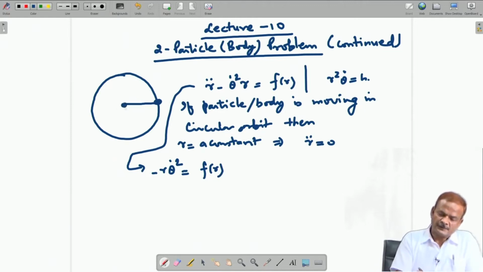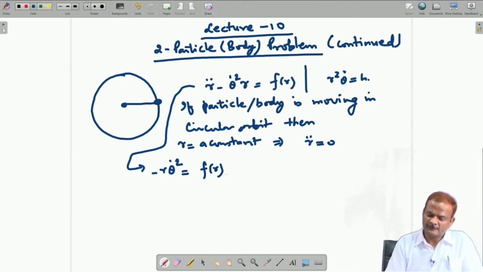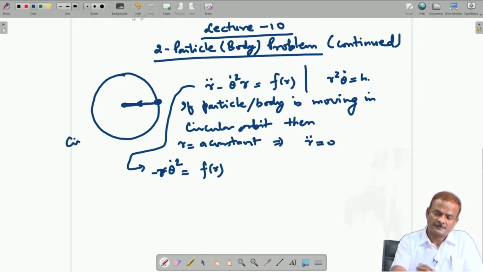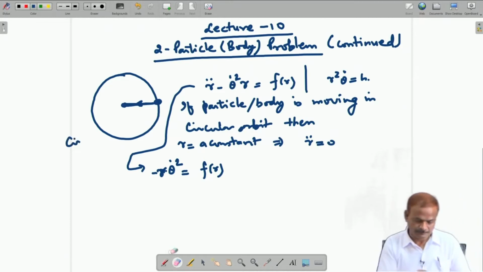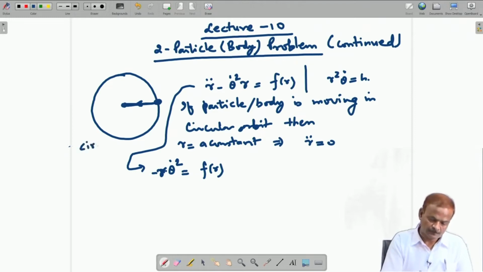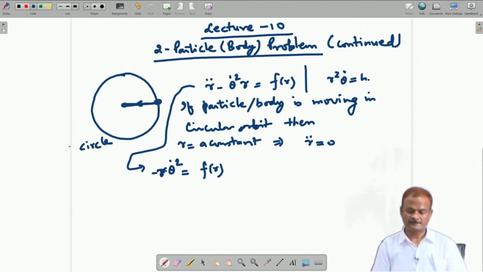So this is moving under gravitational attraction. From here we are trying to find out the rule for gravitational acceleration if the particle is moving under it in a circular orbit. This is the circle.